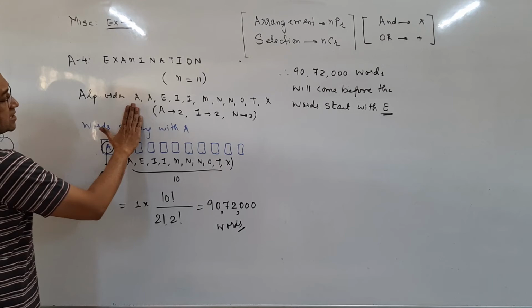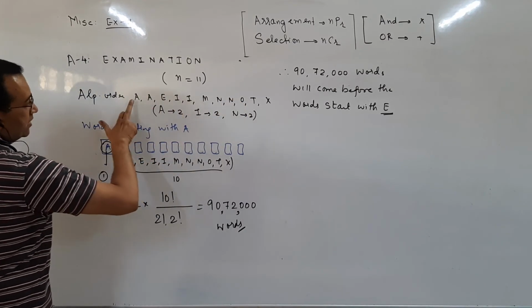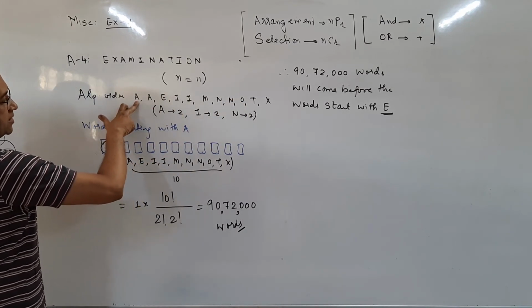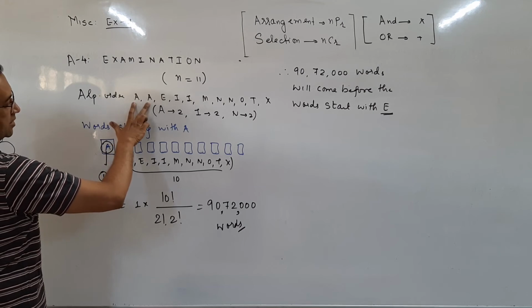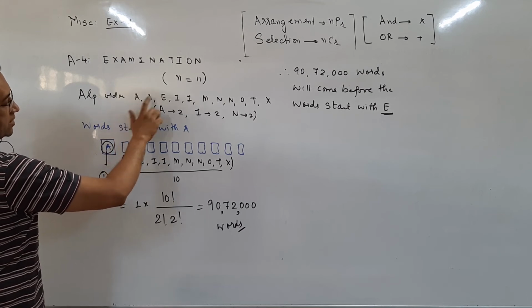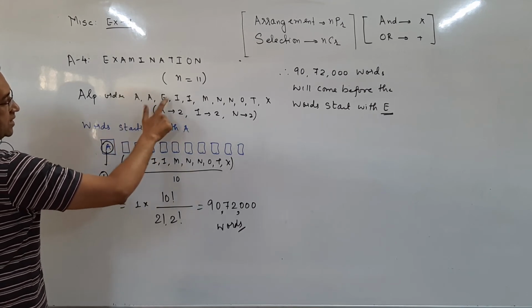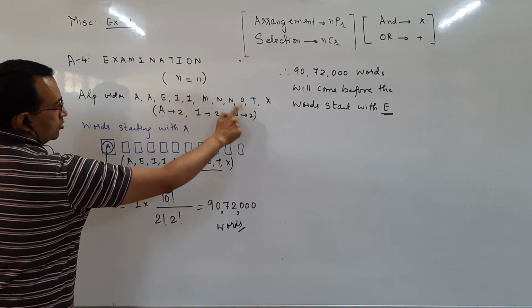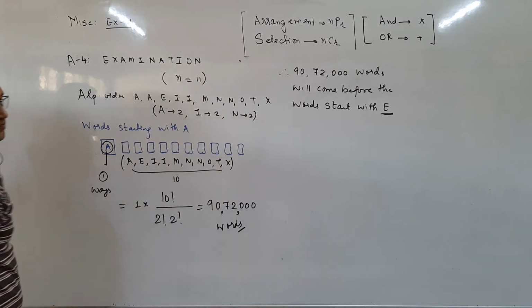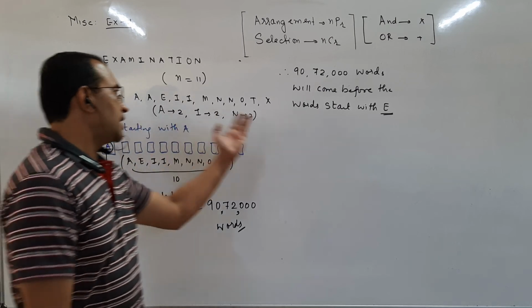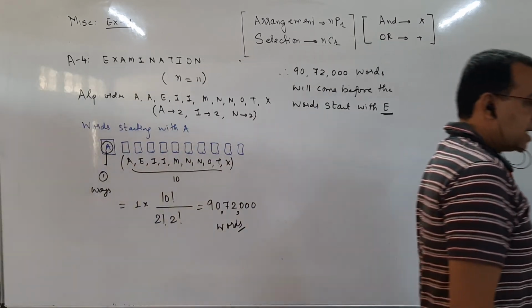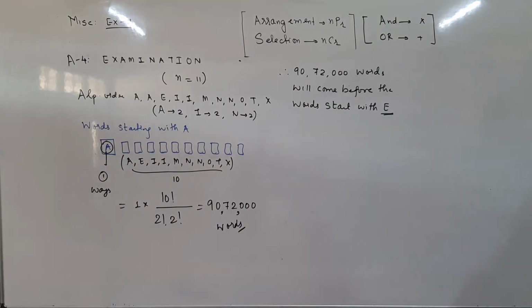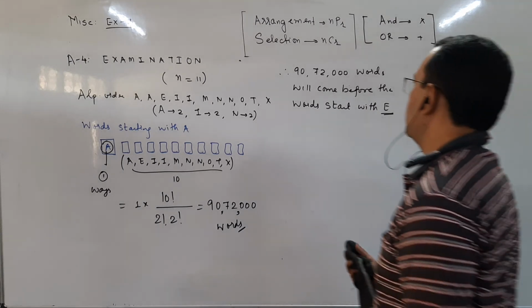So if I form a dictionary with this many letters, my first page will have words with A, then AA. My second page will have the words with E, then I, then M, then N, then O, then T, then X. So as per this alphabet, the last page will contain the words with alphabet X. That is what, students, we have to remember.